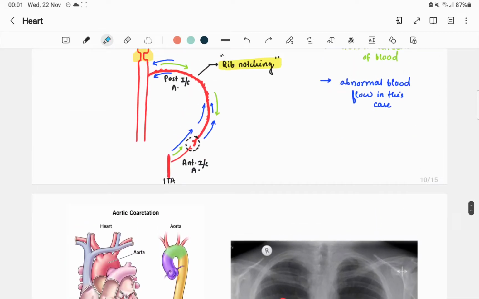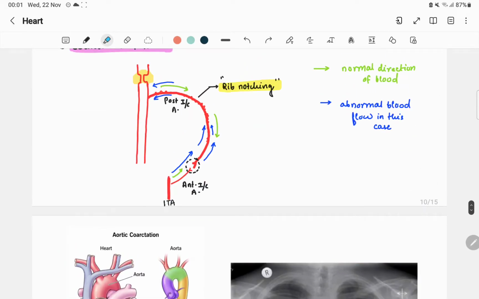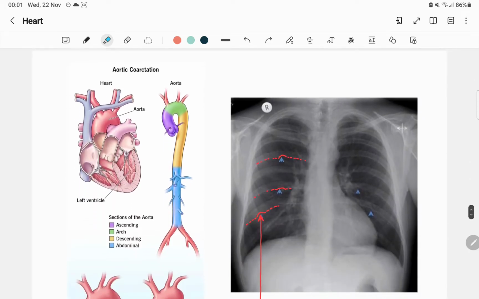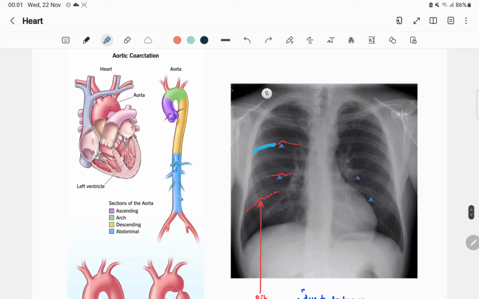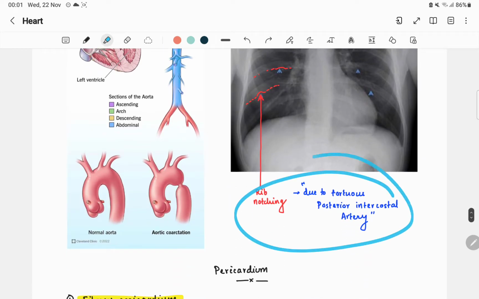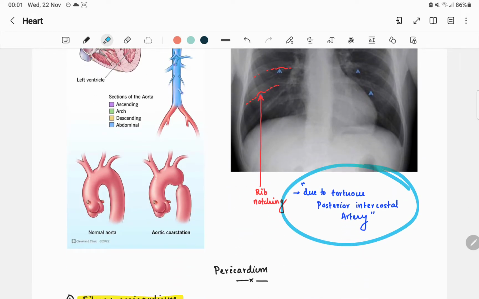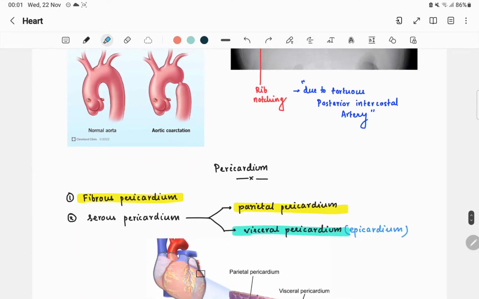This will increase the tortuosity due to increased blood flow, and this will cause rib notching. Rib notching means the border of the ribs will become abnormal, like these abnormal shapes of ribs, and it is due to the tortuous nature of your posterior intercostal artery.